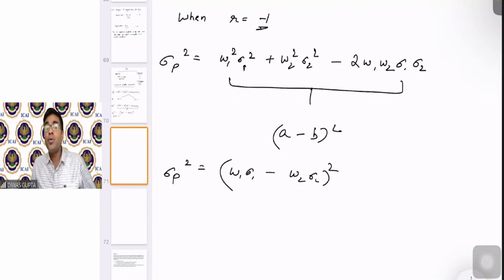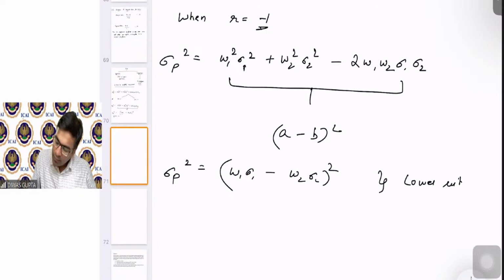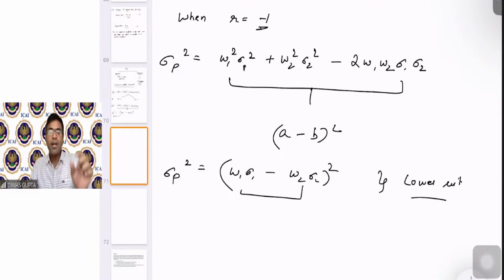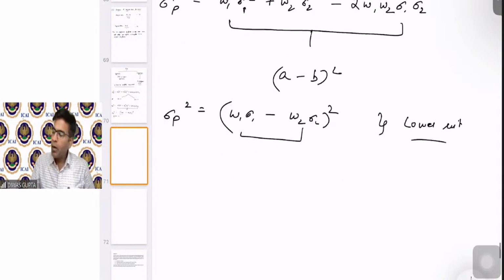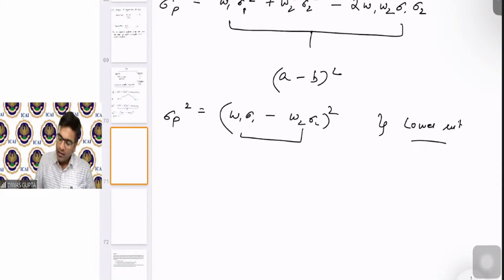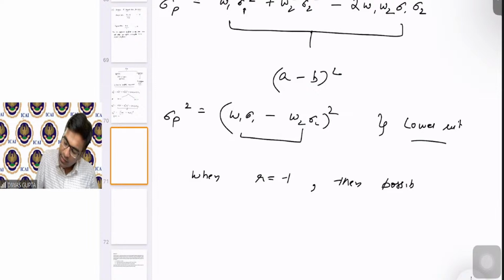Now, students, if you see, this will help you in a lower risk because these two are getting reduced. These two are getting subtracted so as to arrive at a lower risk. So the key takeaway from here is that when R is equal to -1, then the possibility of diversification is higher.